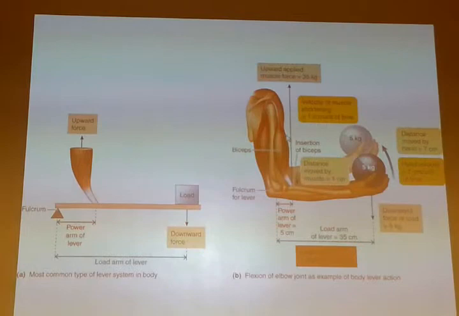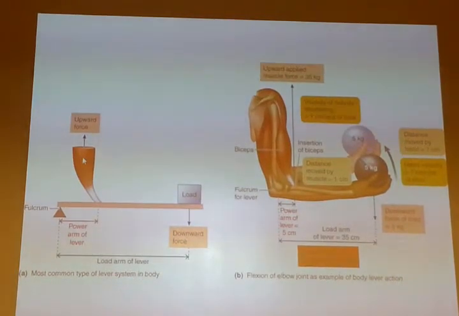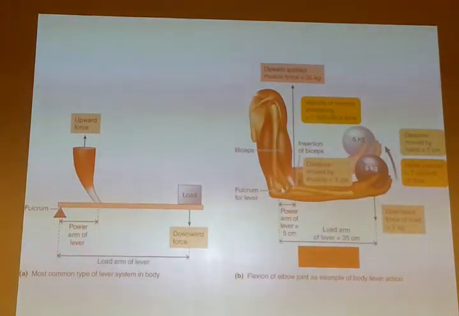If you're looking at muscles like biceps, you have the insertion on the radius distal to the trochlea. So the effort is applied distal to the fulcrum. The load, the weight of the arm or the external load that's being applied, find the center of the load and then measure to the fulcrum.